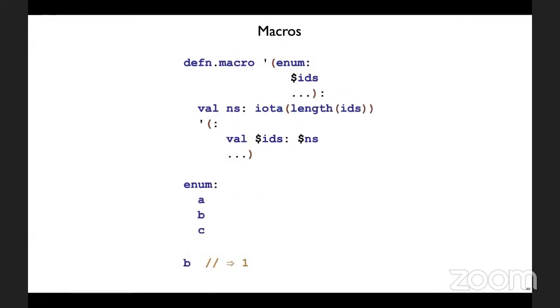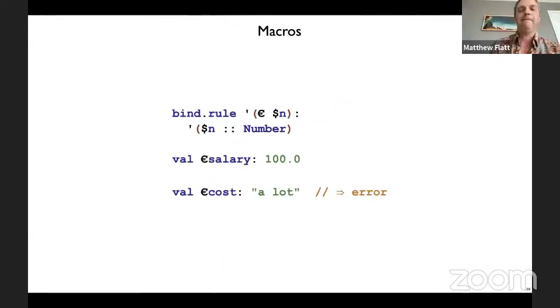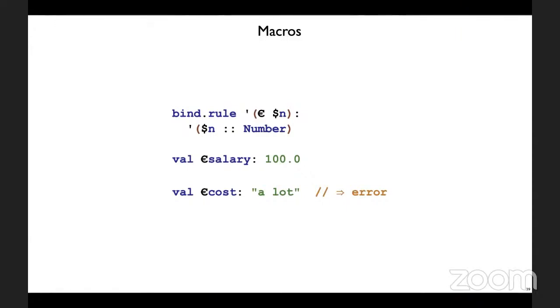Can I ask a question about that example about the binding? Yeah. What if I do something weird, like I try to say that it's euro salary : string? If there's like multiple bindings, I anticipate that this is going to be a problem. My question is, what kind of error is it?